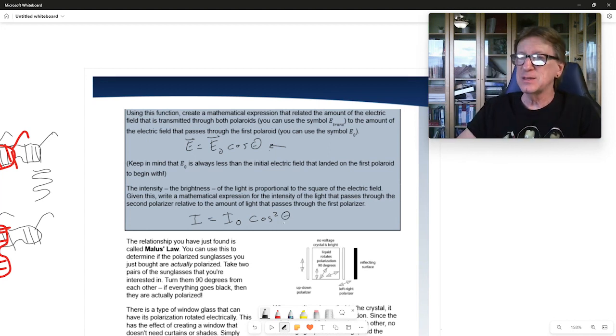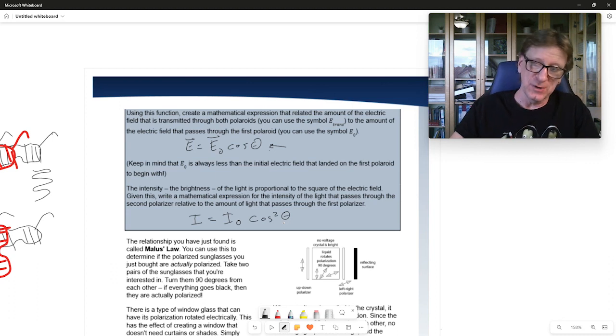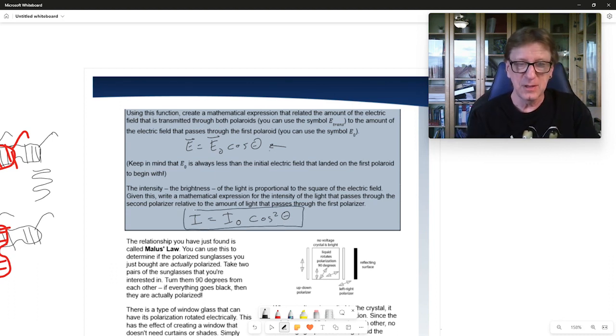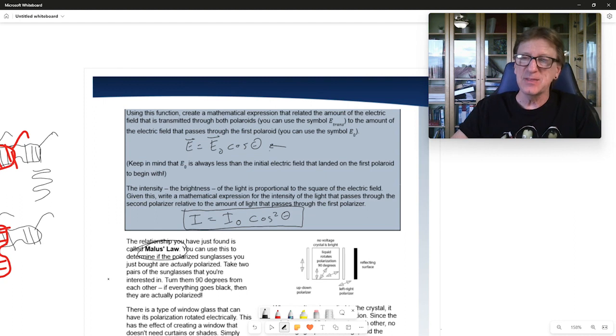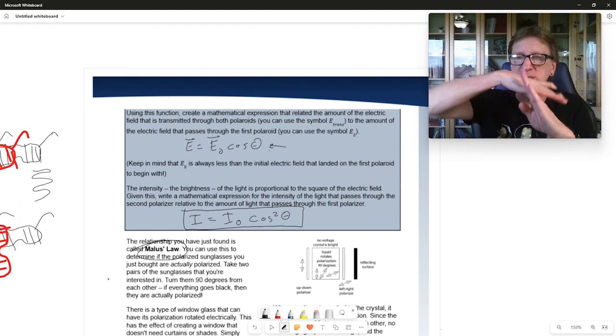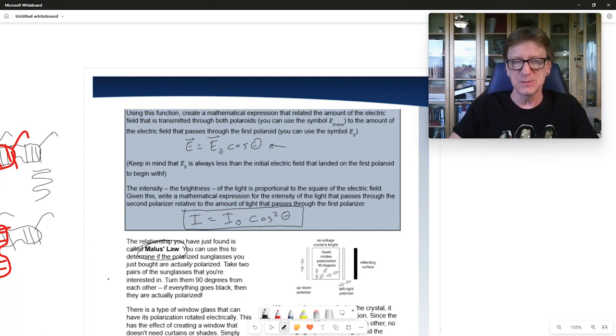Because I is proportional to E squared. And so this relationship right here is called Malus's law. And this expresses the percentage of intensity that you're going to get moving through those two polarizers based on the angle between those two polarizers.